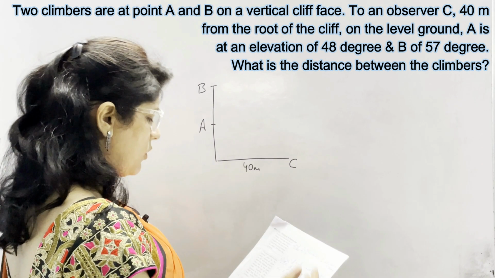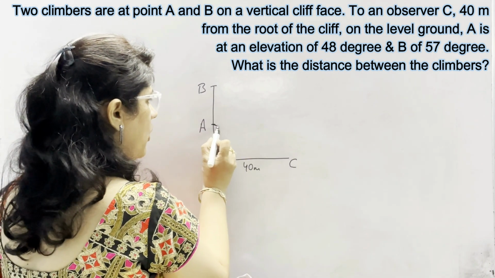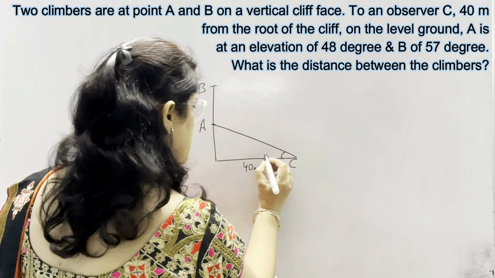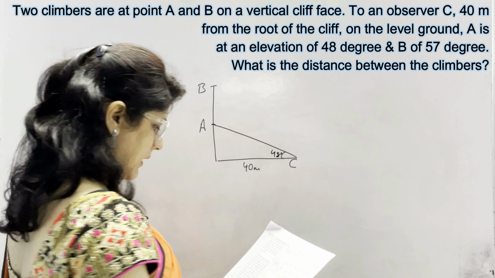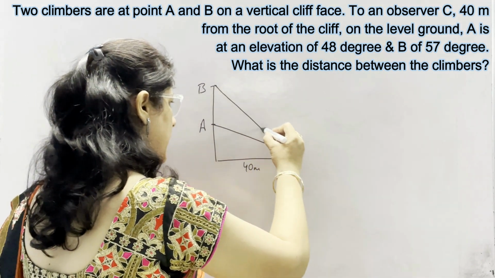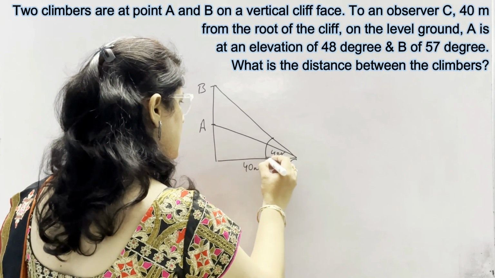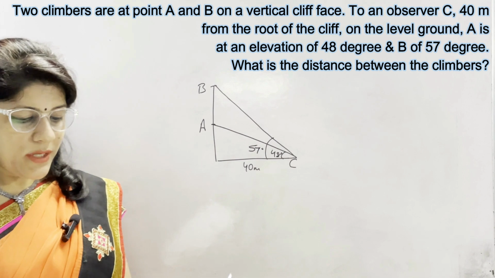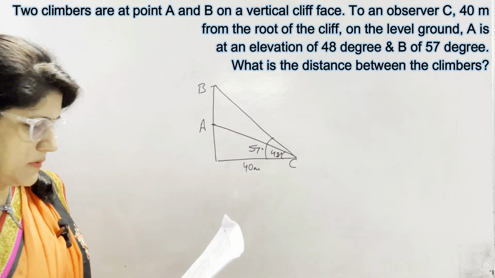A is at an elevation of 48 degree. Angle of elevation to this observer of A is 48 degree and of B is 57 degree. What is the distance between the climbers?